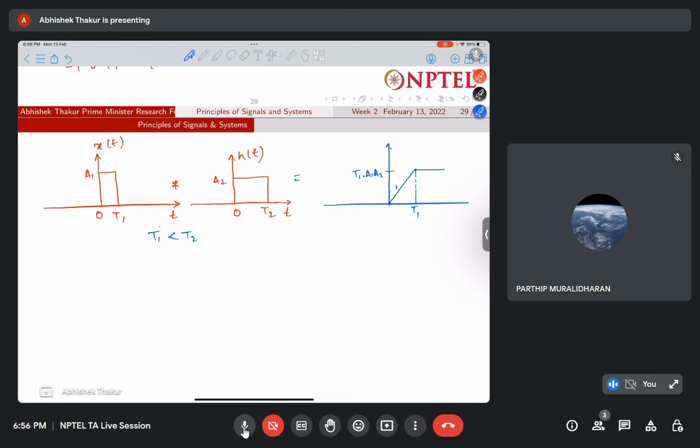It will again go constant, and the upper limit is T1 plus T2. And this width is again T1, so this will be our T2. Then only it will become T1 plus T2. Okay, so this is the convolution.